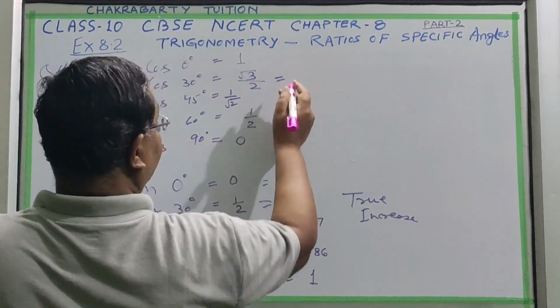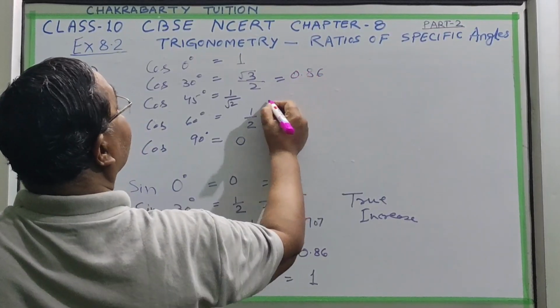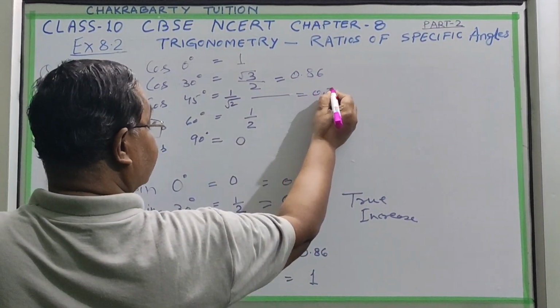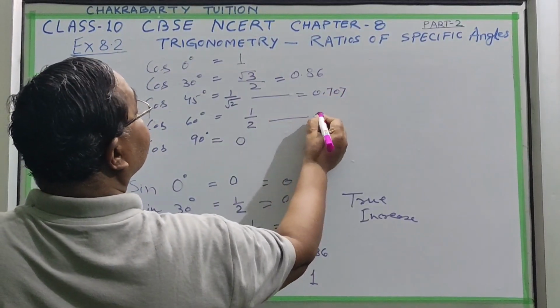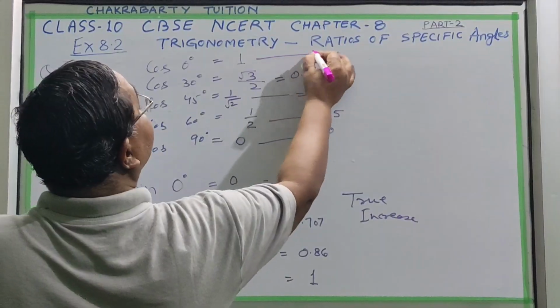Here also the values we will put: 0.86, 0.707, 0.5, and this is 0, and this is equal to 1.